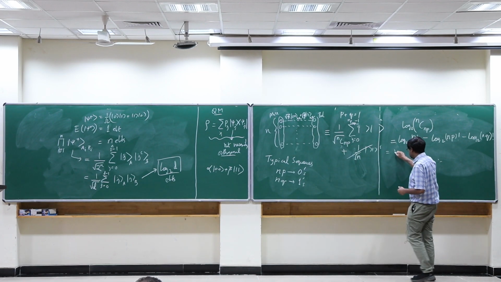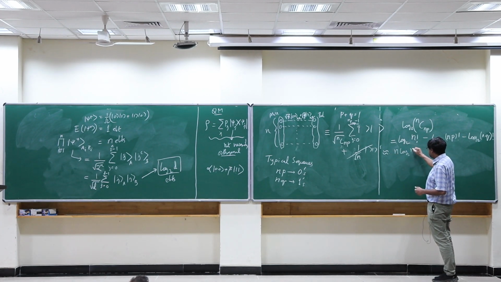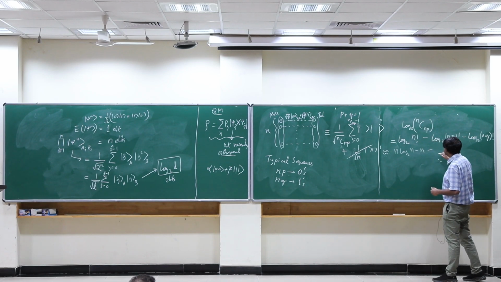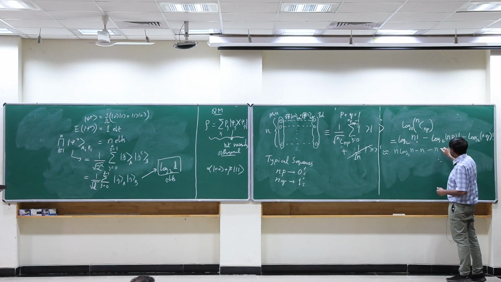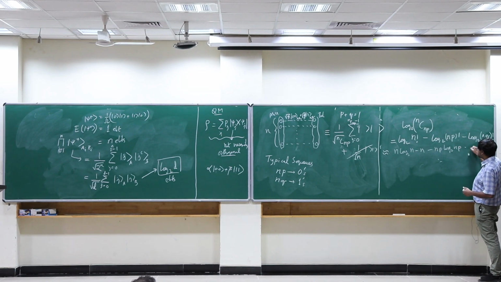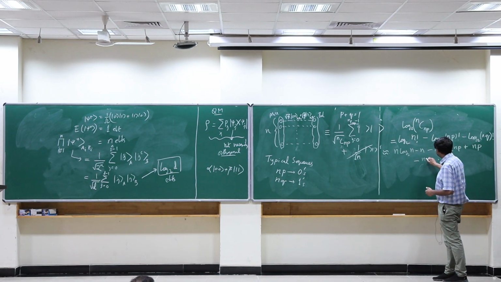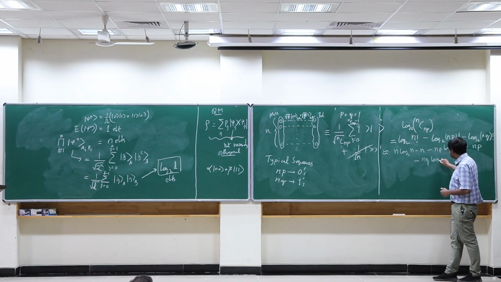Taking large n, this is n log n minus np log np plus np, minus nq log nq plus nq.